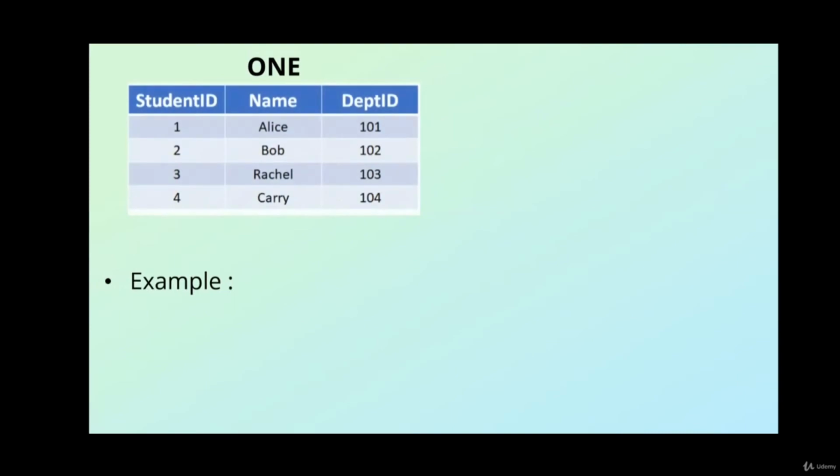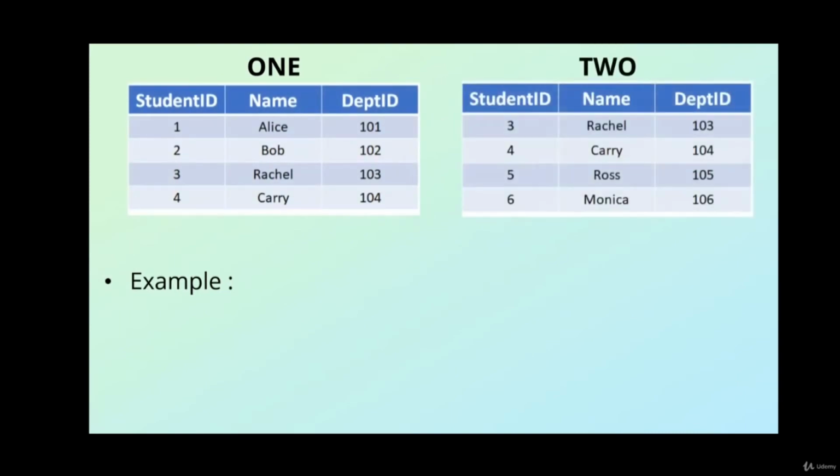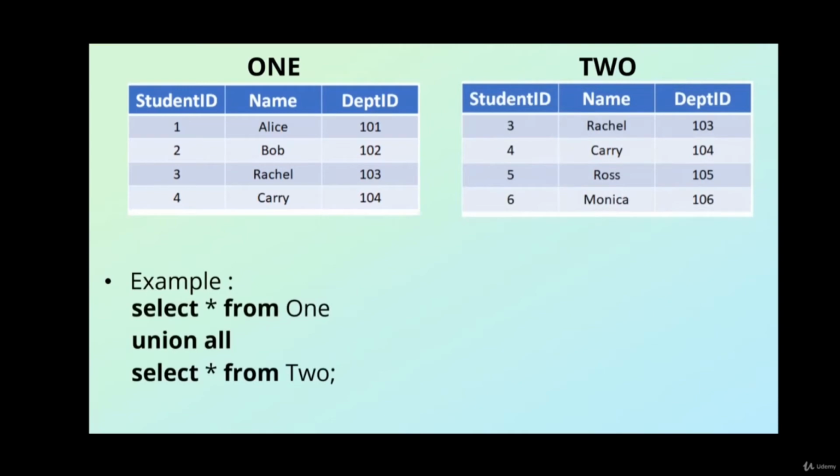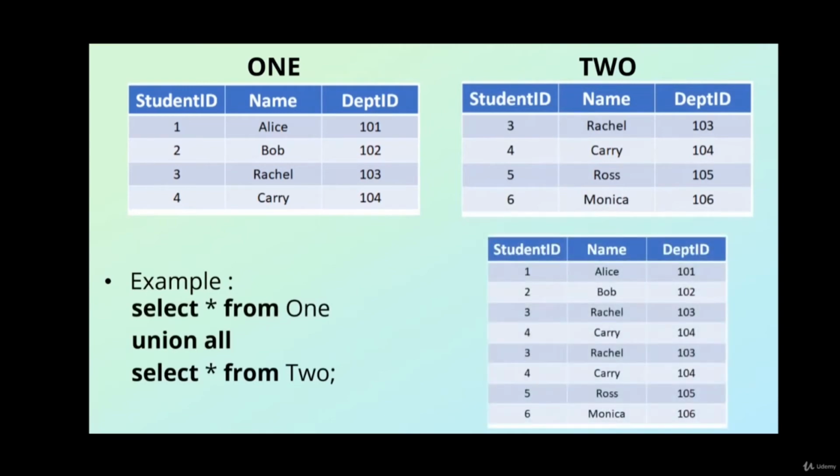So for example, if there are two tables and we want to combine them without removing the duplicate rows, we will write the query as select star from table 1, union all, select star from table 2, so that the resultant table will be a combined output of both these tables without removing the duplicate values.